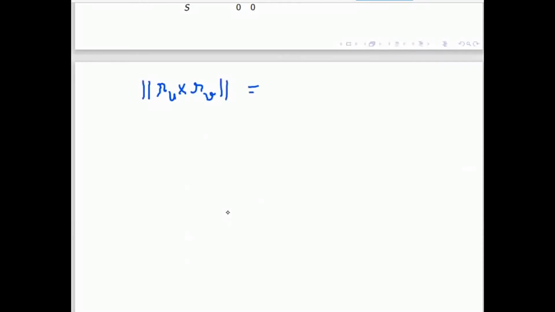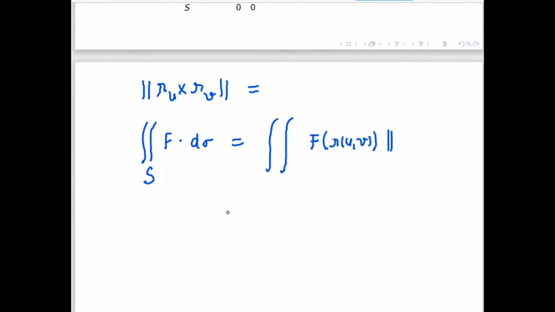And then the integration of f over this surface S, d sigma. Here we apply the limits of u and v: f at r(u,v), then the norm, and then du dv, in whichever order we apply the limits.